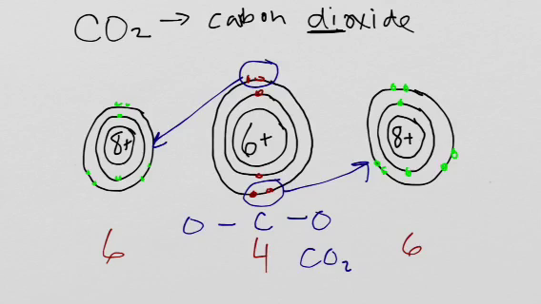And this is a sharing instance. Both atoms will be kind of pretending that those electrons belong to them in their valence shell. When this compound breaks apart, this oxygen is going to go away, and it's still going to have its 6 valence electrons, and it will look to bond with something else. Okay? Does that make sense?